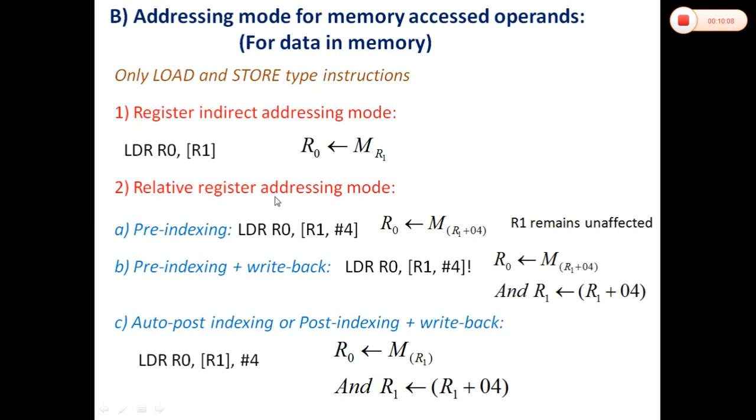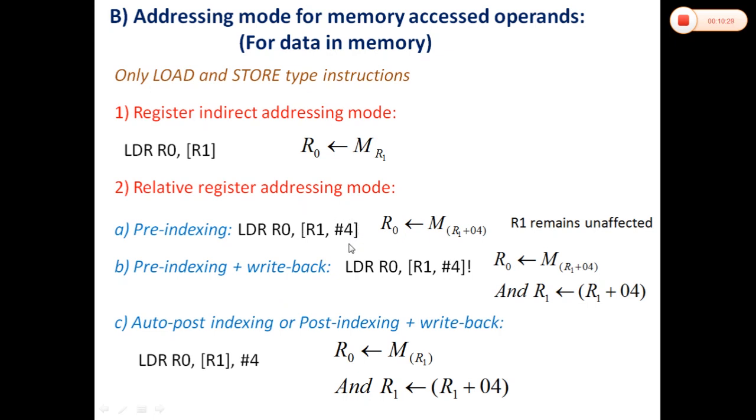Next is relative register addressing mode. In this case, the address of the operand in the memory is specified in two parts. One is the base register, which can be one of the registers of the internal register bank, in this case R1, and the other is an immediate number.